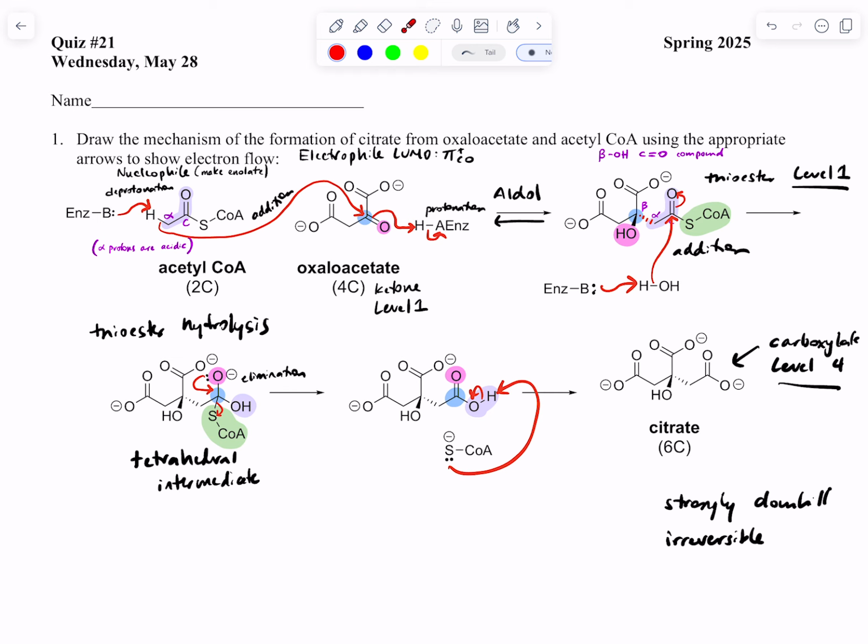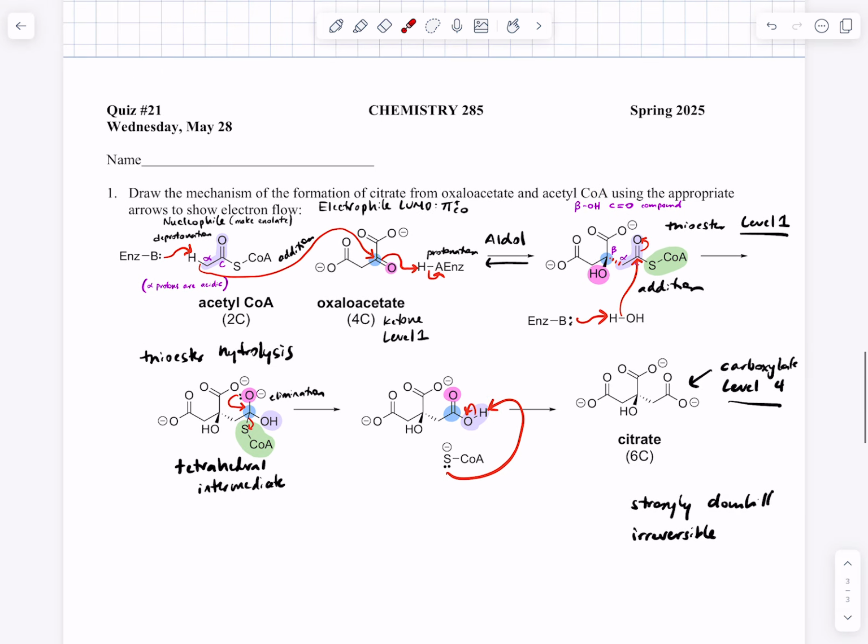See if you can follow through yourself by pushing the arrows and drawing these. In other words, starting here, not having explicitly written out for you what this intermediate would be. And if you can practice it at that level, I think you'll have got it.